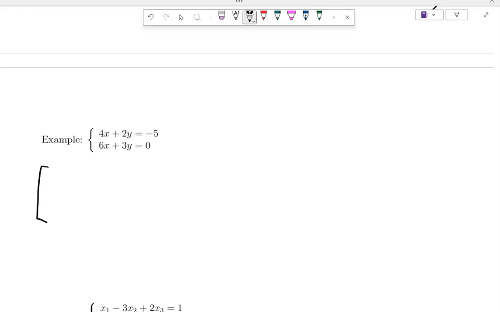Augmented matrix is what? 4, 2, negative 5, and then 6, 3, 0. First step is to get a 1. Now we're going to get a 1 here.